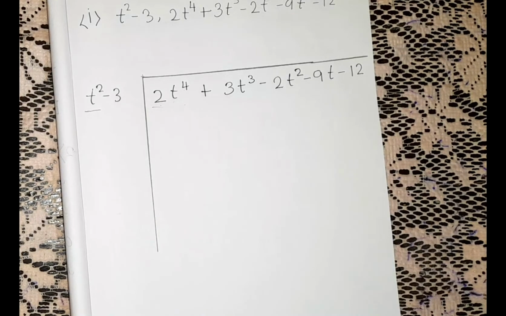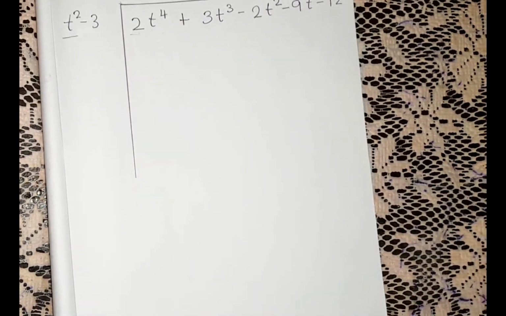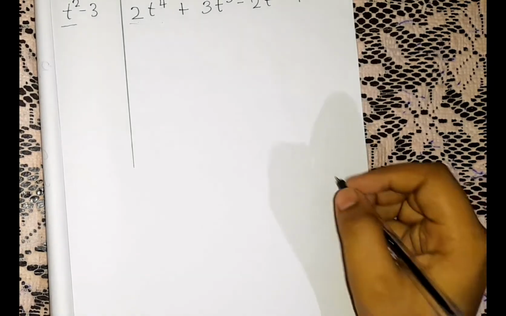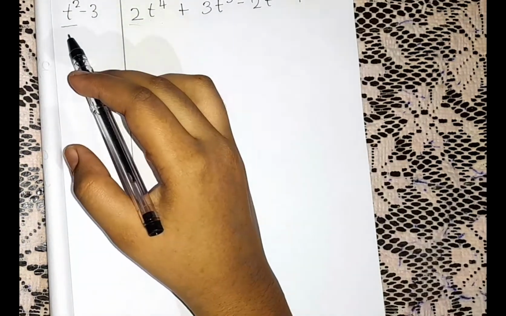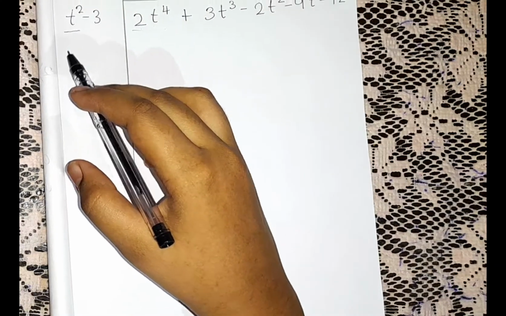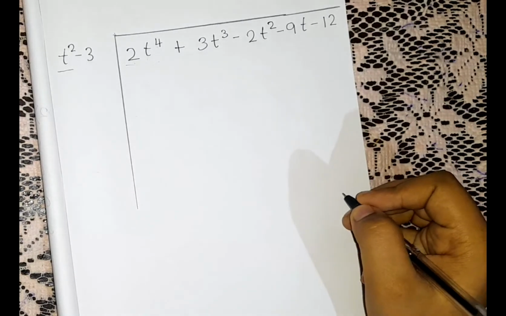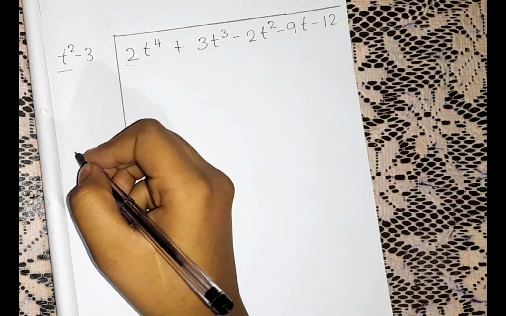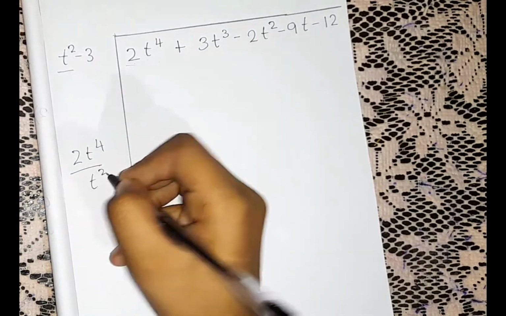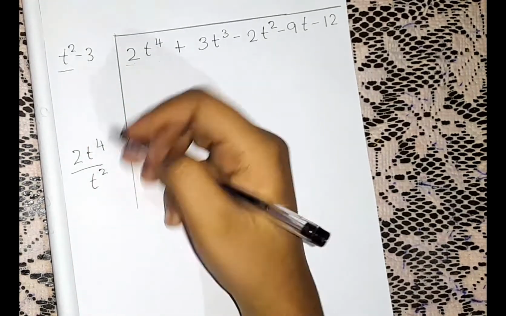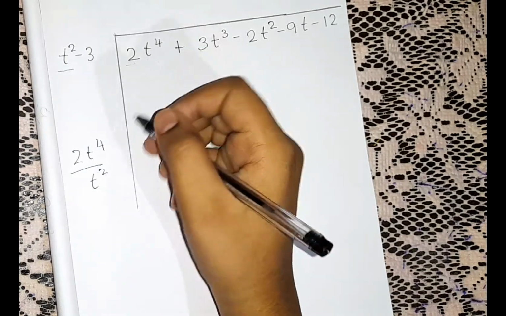So I am writing 2t power 4 divided by t square. I took the t square here and the first term, that is 2t power 4.